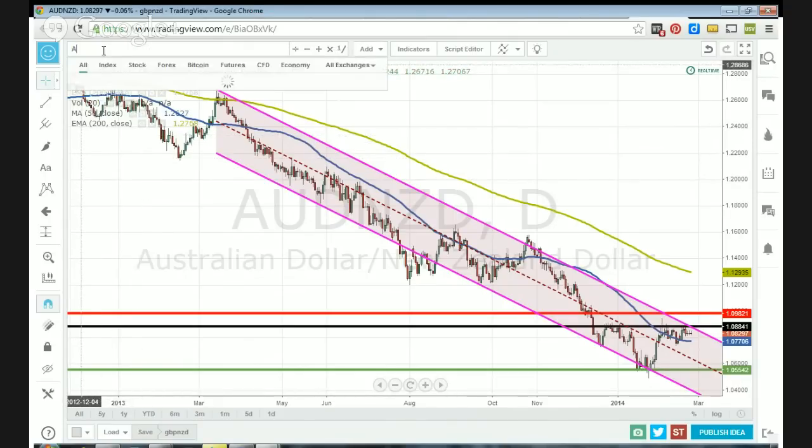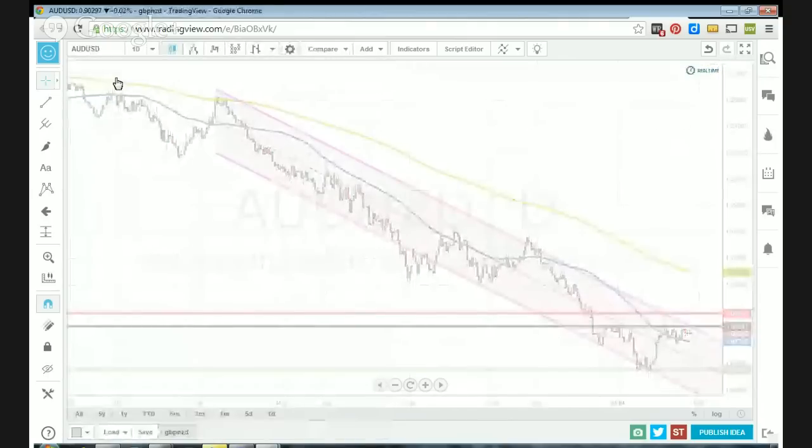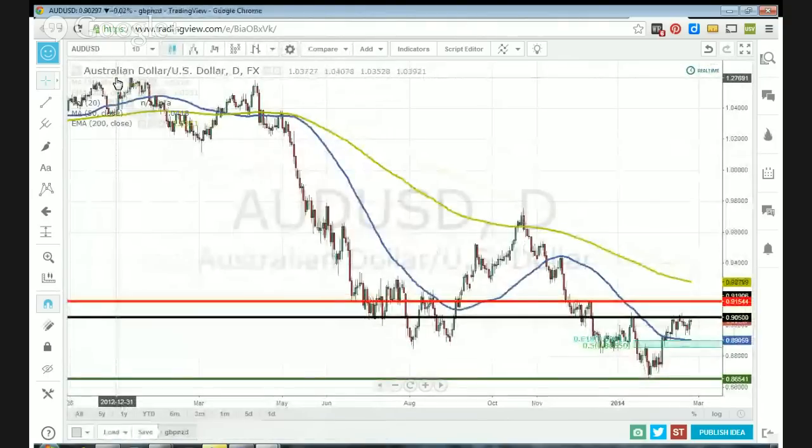And Aussie dollar, I also have an order there. Aussie dollar looks like it might get filled soon. We'll see. But those are two orders I have on. So I already have the Aussie yen trade on, short that.